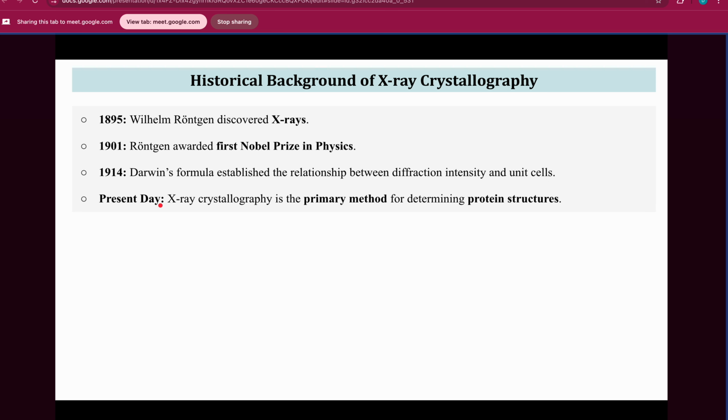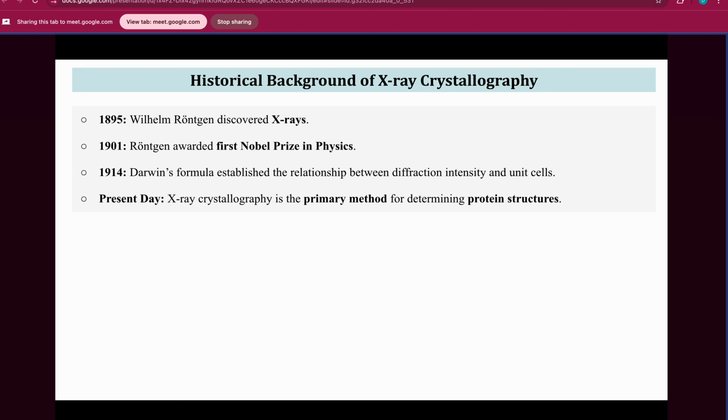If we talk about the present day, X-ray crystallography is the primary method for determining protein structures. This is the primary experimental method, which is considered very confident and gives proper high resolution protein structures. That's why this method is still the primary method.